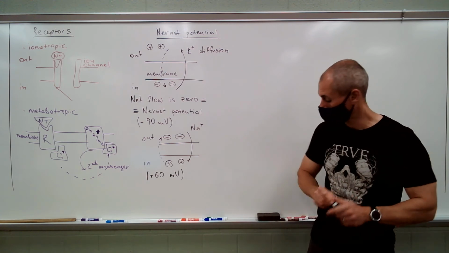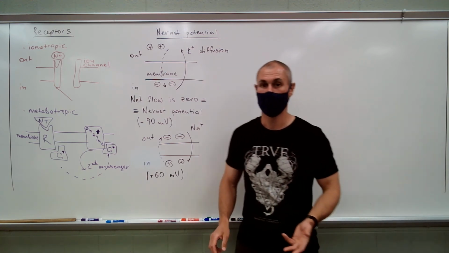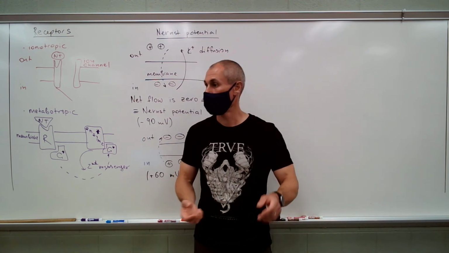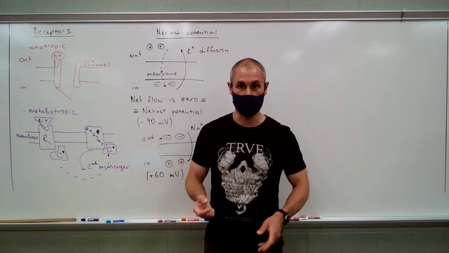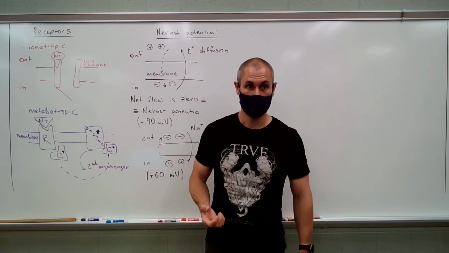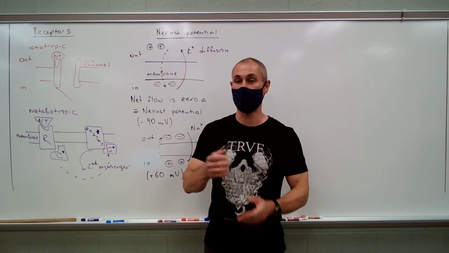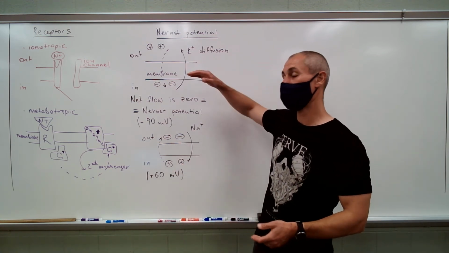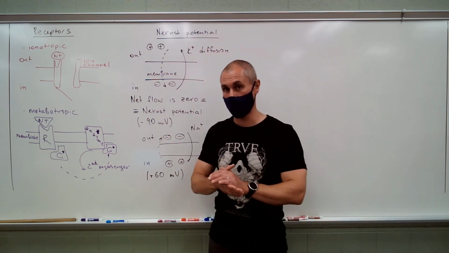That makes sense? Now, do we have other ions? We do. Calcium, chloride, phosphate, sulfate, carbonate, magnesium. We don't care, because they play virtually no role in the distribution of electrical charges across the membrane.